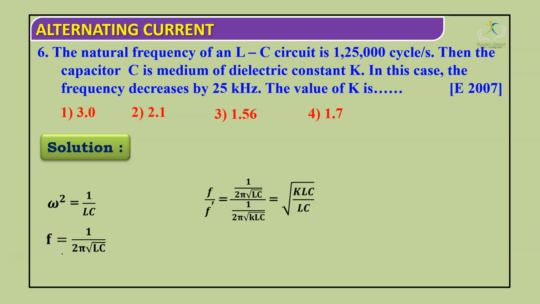After a little bit of solution, this becomes under root KLC by LC. So, after putting all these values, F is given as 1,25,000 and the change in frequency is given, this will be 10,000. If I calculate the value of K, this will be 1.56. That means the correct option for this question is the third.